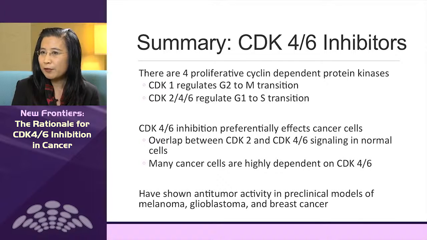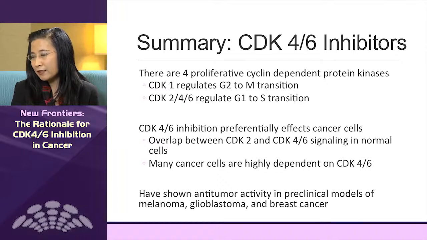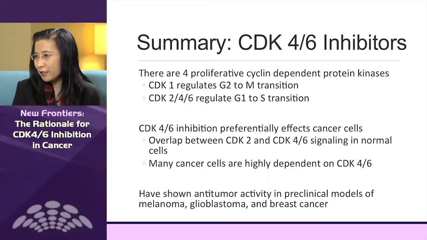For example, we talked about how cyclin D1 can be amplified, and because of its critical role in activating CDK4-6, cells can be activating their G1 to S phase transition. So when you inhibit CDK4-6, this puts a brake on the G1 to S phase transition, or the cell proliferation.